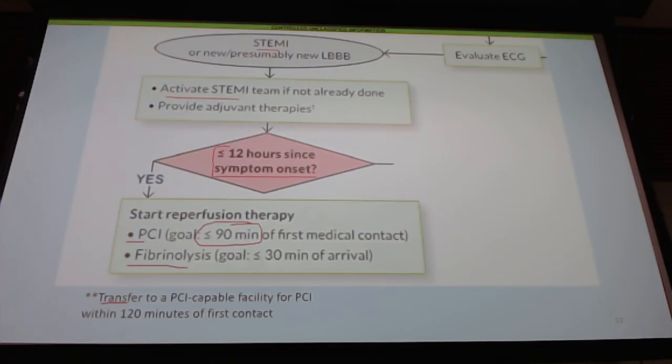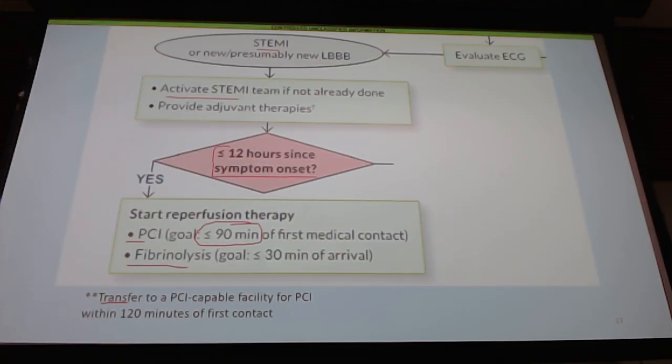Yes? In this kind of setting, do you still do a right-sided ECG? Typically you do. Only if, I take it back, if you do the EKG and you see an inferior wall STEMI, then yes.